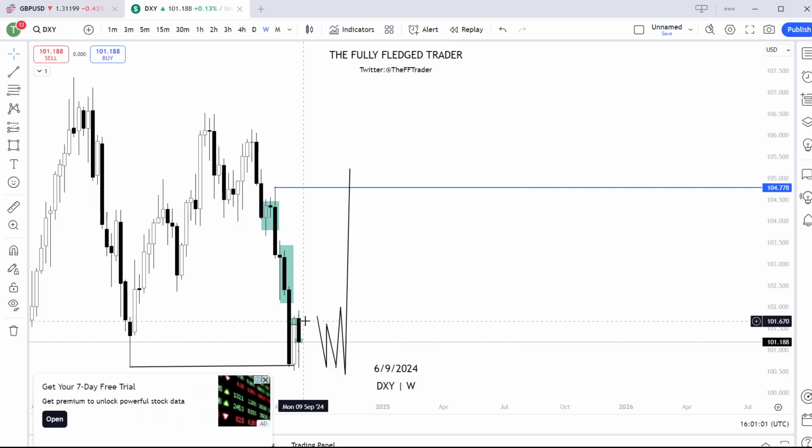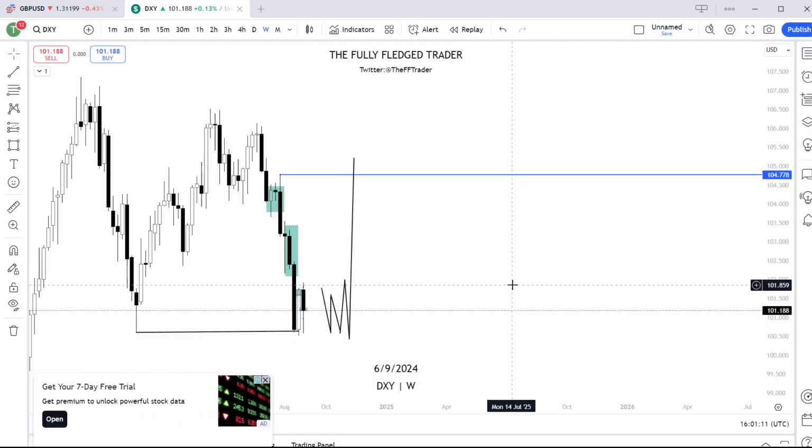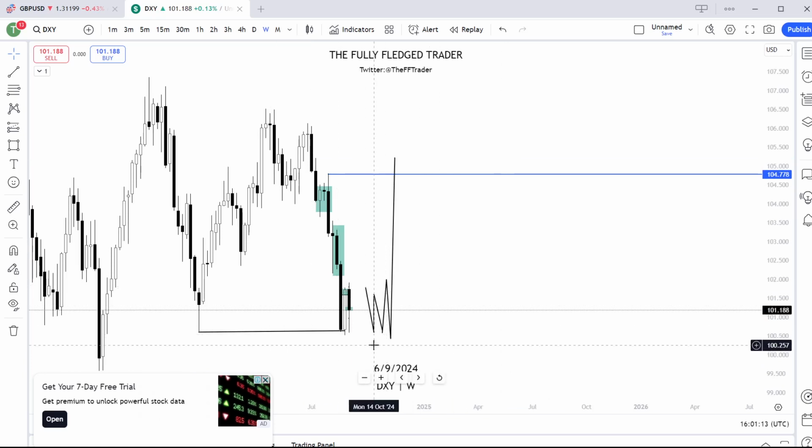On the weekly chart, you see that there is level one, level two, price reached into this inefficiency there. So we might go down a little bit maybe and then higher, but for now we can see that price was just reacting to this inefficiency here. That's why we have a bearish candle.